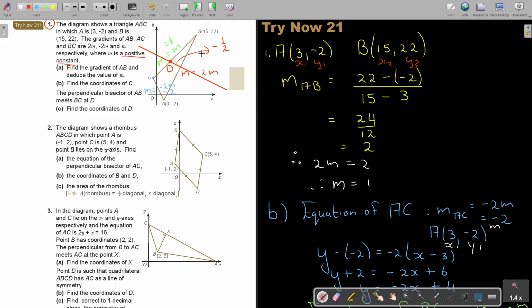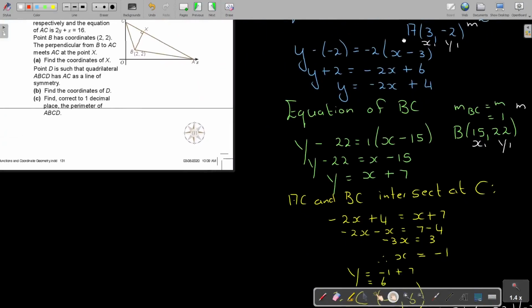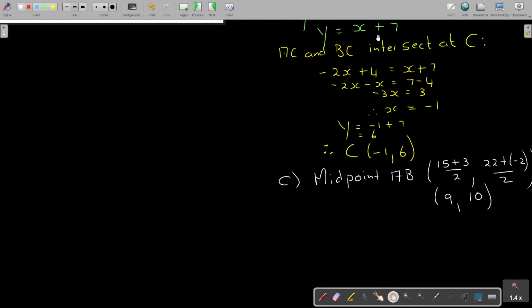So m perpendicular is going to be negative a half.